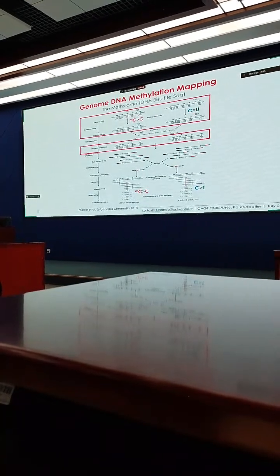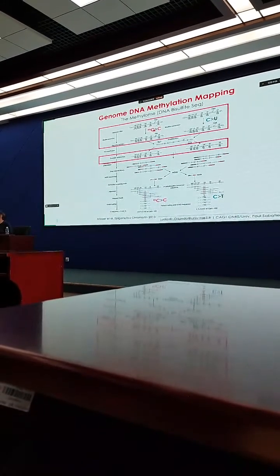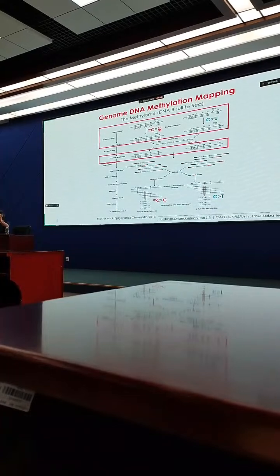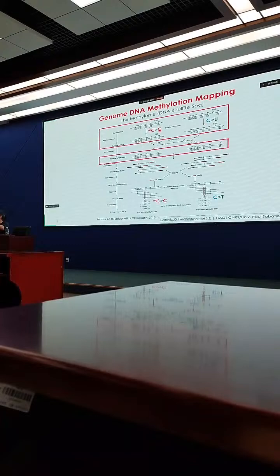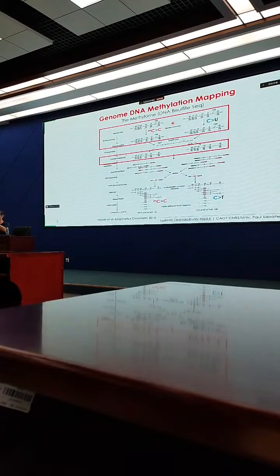Whereas if the DNA is methylated, methyl Cs remain Cs. So this is a very important thing. It tells you that we have a chemical treatment that can make cytosines into uracils if it's not methylated, but cytosines remain cytosines if they are methylated, okay? So it has different consequences on the cytosine depending on the methylation level.